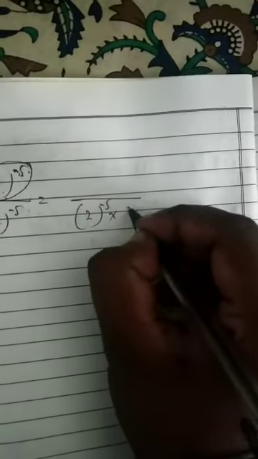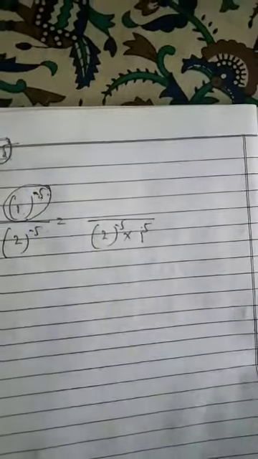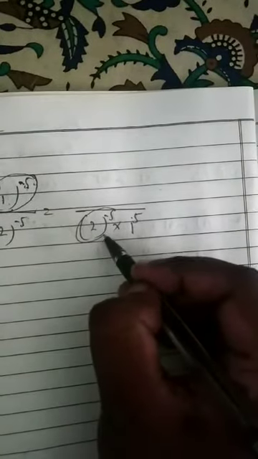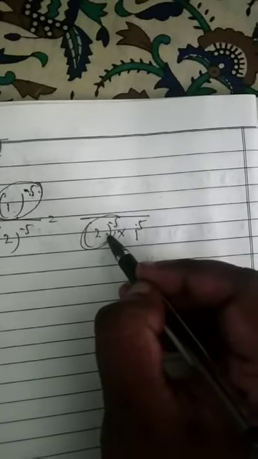So I'll write 2 to the power minus 5, and this 1 to the power minus 5 will come down because it's holding minus power. It will be 1 to the power plus 5. It was minus 5, it becomes plus 5 now. And here the power is in minus.